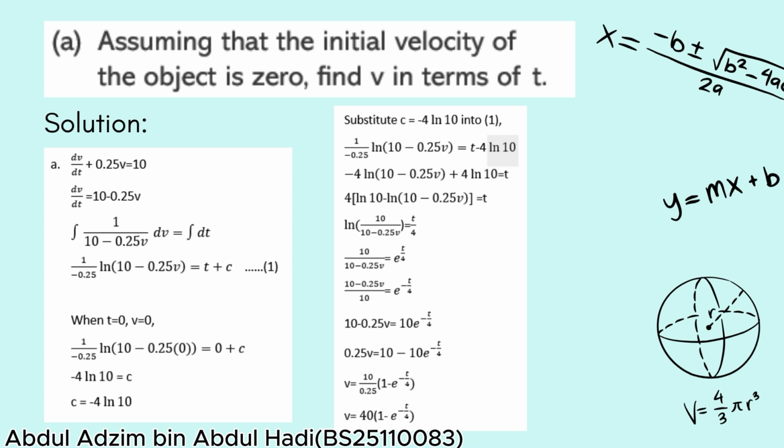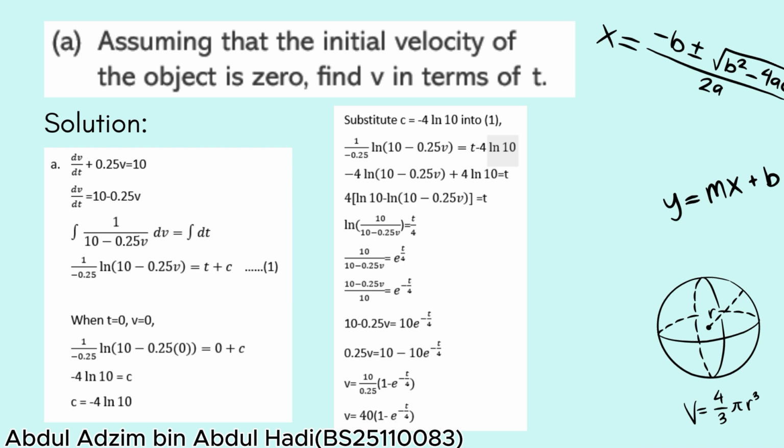c is then substituted into equation 1, which gets us 1 over negative 0.25 ln(10 minus 0.25v) equals t minus 4 ln 10. Then negative 4 ln(10 minus 0.25v) plus 4 ln 10 equals t, and we get t equals 4 ln 10 minus 4 ln(10 minus 0.25v).